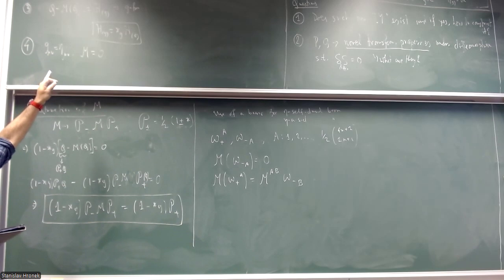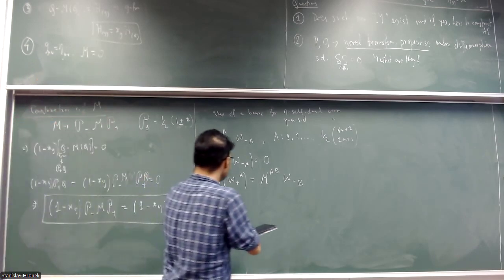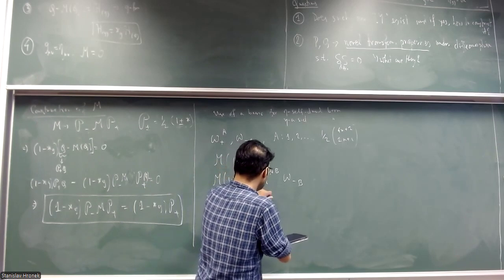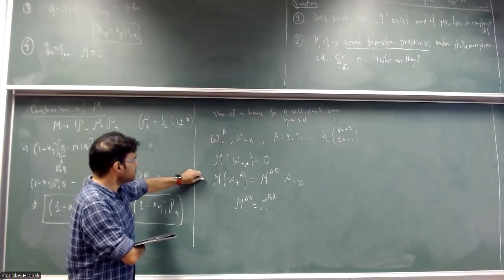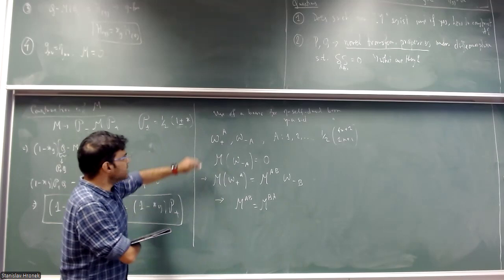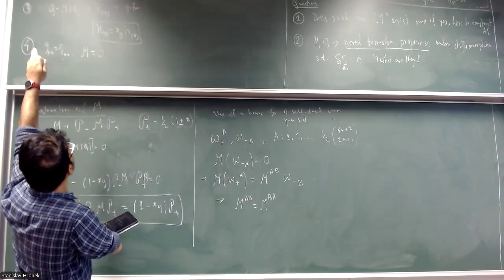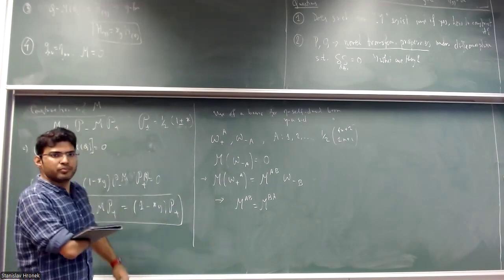Then property 2 would force this matrix to be the same as its transpose, with A and B exchanged. So once I have chosen the basis, this one is basically property 1, right? And this one is a consequence of property 2.